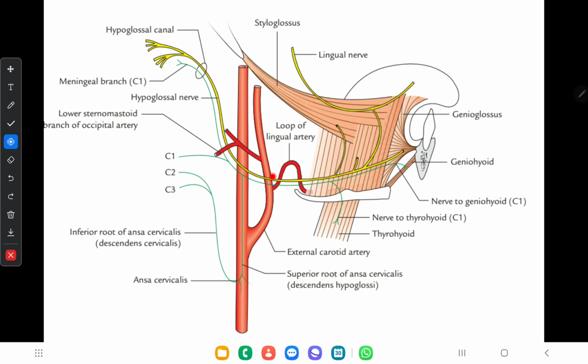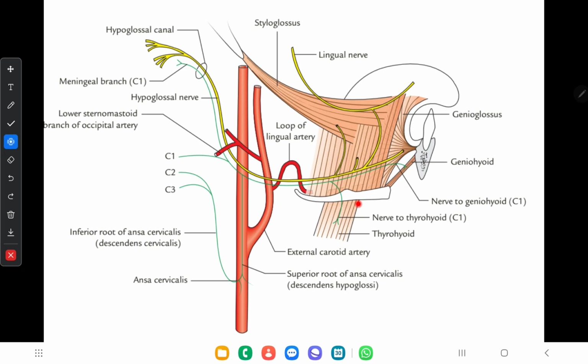In the carotid triangle, the hypoglossal nerve crosses first the internal carotid artery and then the external carotid artery, and then it crosses the loop of the lingual artery just above the tip of the greater cornu of the hyoid bone. This is the hyoid bone, and it enters into the digastric triangle by passing deep to the intermediate tendon of the digastric and stylohyoid.